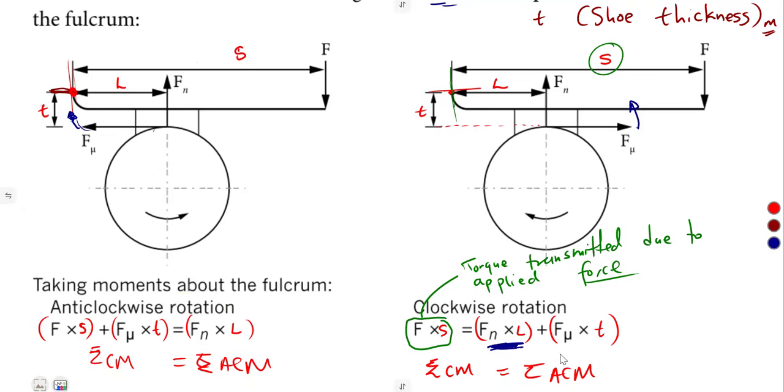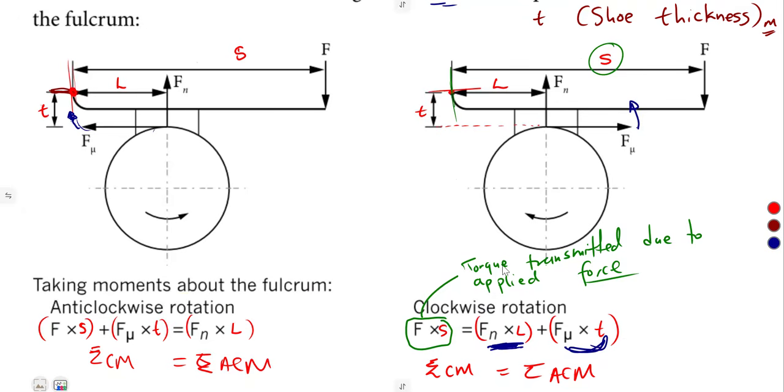We also have force times what? The distance, the thickness there is the distance that we have. What is it that we're talking about there? The torque that is transmitted due to the resultant frictional force. This one. Where t is the what? The shoe thickness.